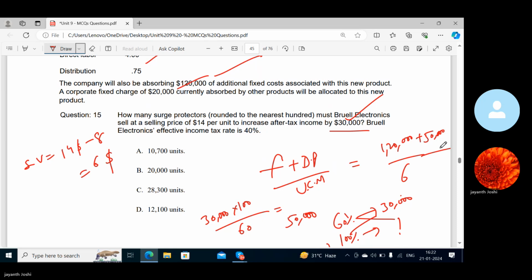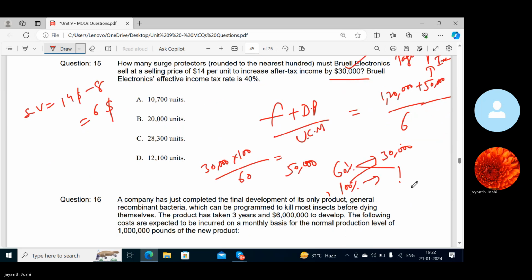28,333. So this is the targeted pre-tax income, correct? Yes. What's the answer? Answer is C. 28,333.3 I got.